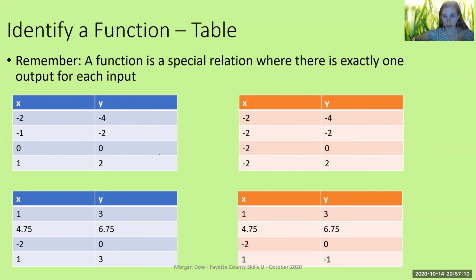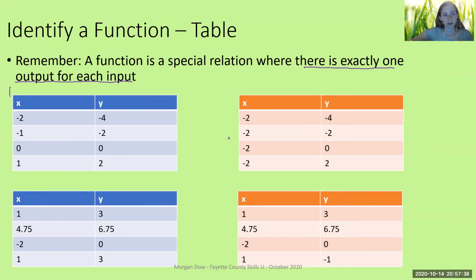To determine whether or not something is a function, we need to remember the definition of a function. A function is a special type of relation where there is exactly one output for each input, right? You put one piece of bread in your toaster, you get one piece of bread out. You don't get two pieces of toast out.